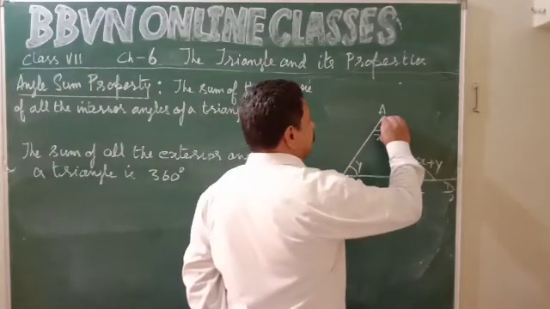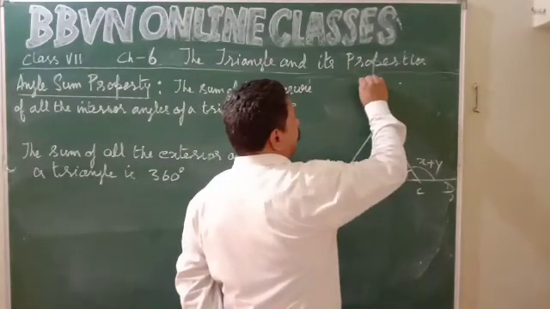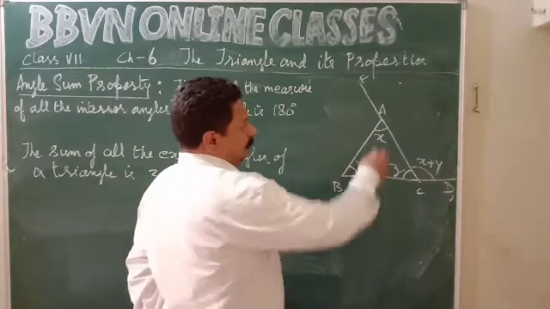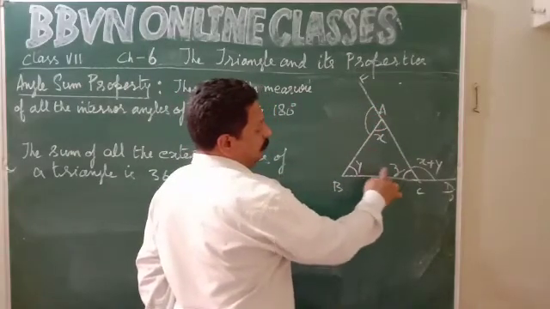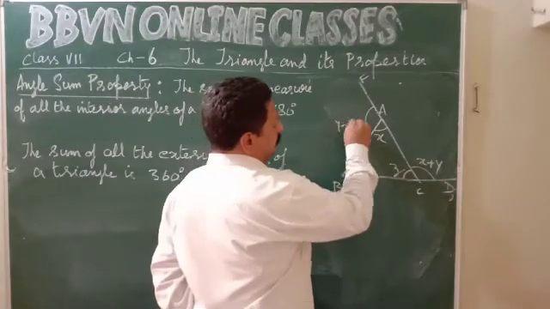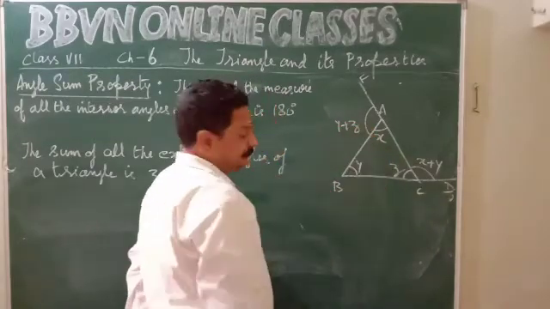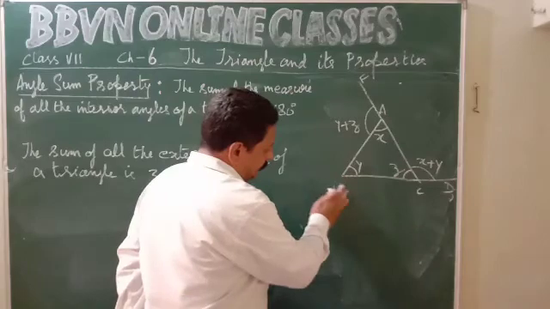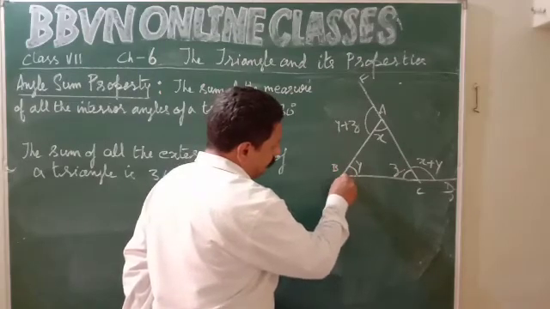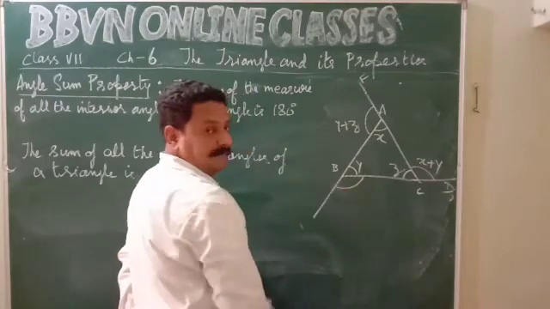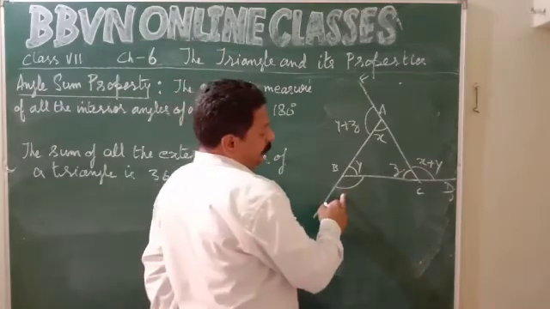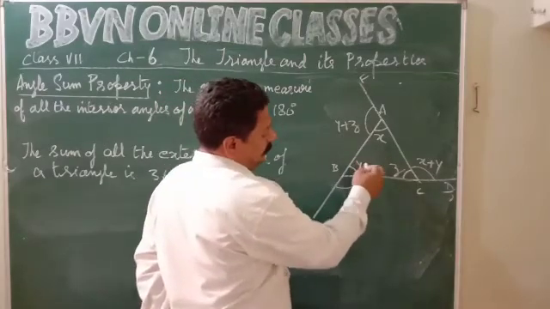Now this is extended up to point F. So this exterior angle will be equal to sum of 2 opposite interior angles. So this is Y plus Z. Now I extend this. So this exterior angle will be equal to the sum of 2 opposite interior angles.